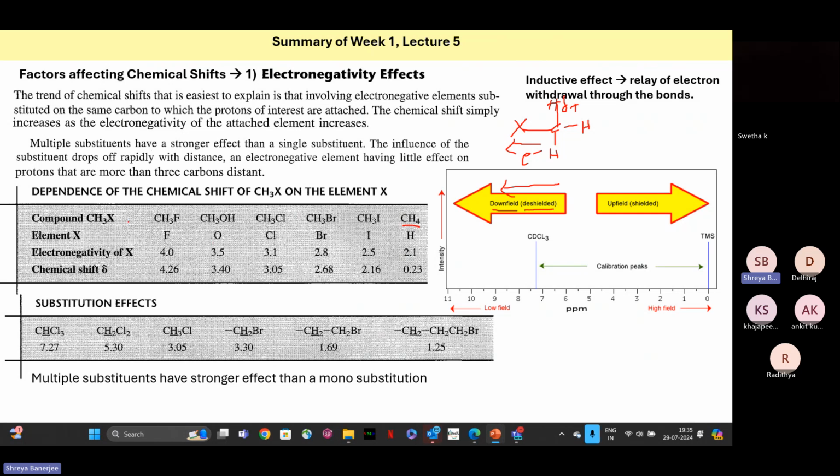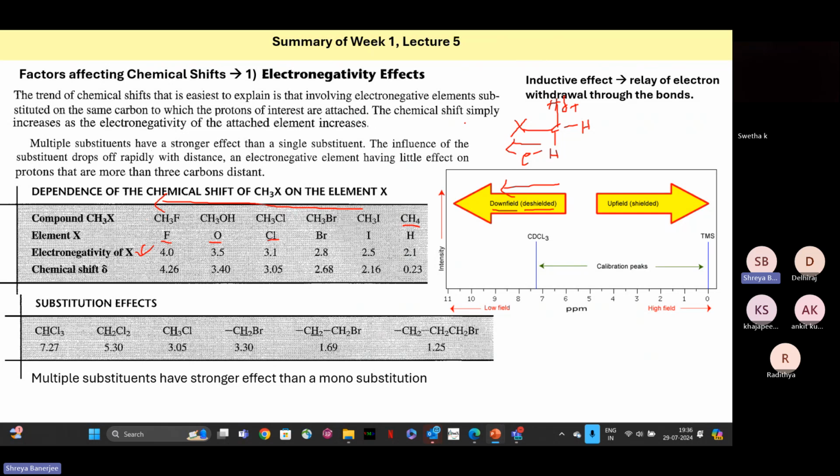So you can see that in the example, as you are going from fluorine to oxygen to chlorine to bromine to iodine, electronegativity slowly goes in the opposite direction. So as we are going along this direction from methane, the electronegativity of this X attached to the carbon is increasing from 2.5 to 4.